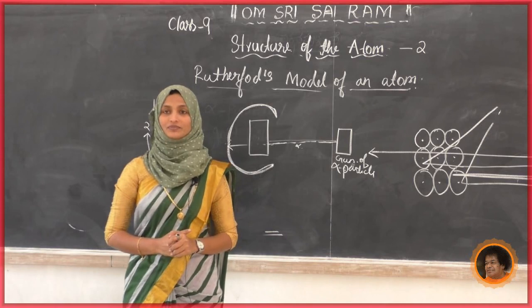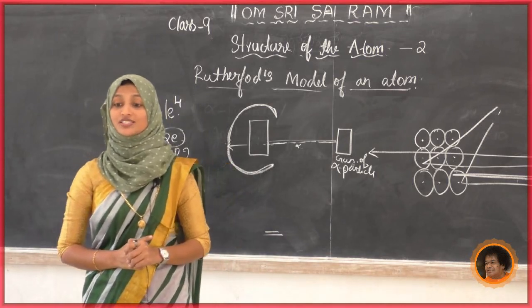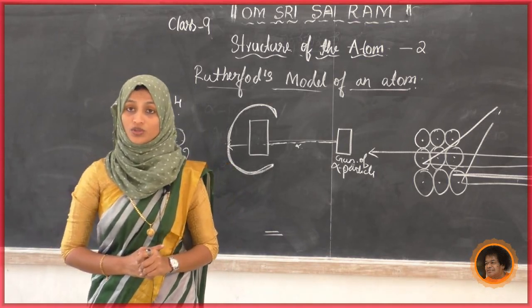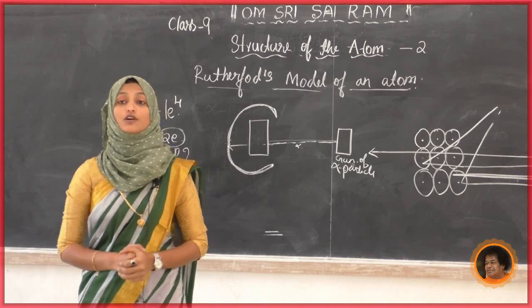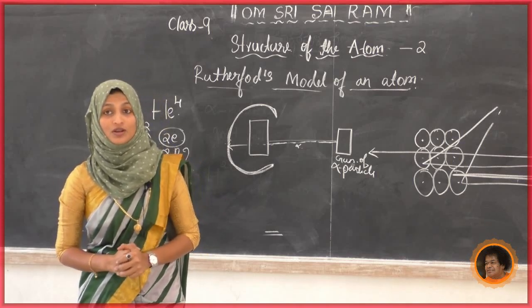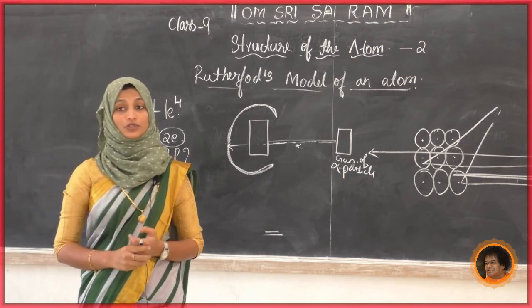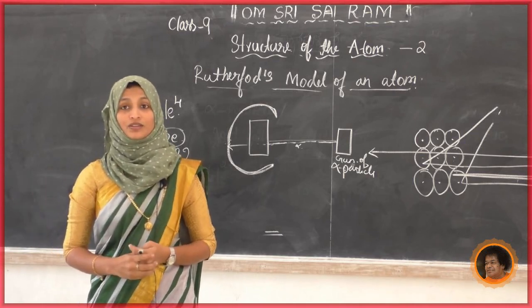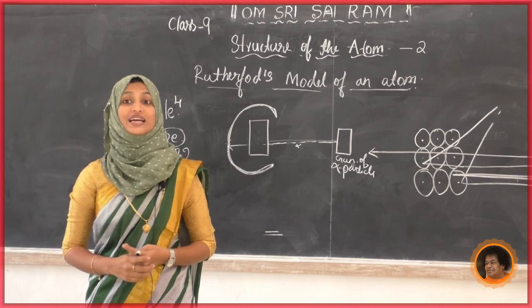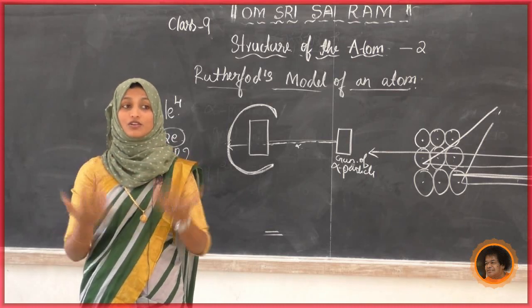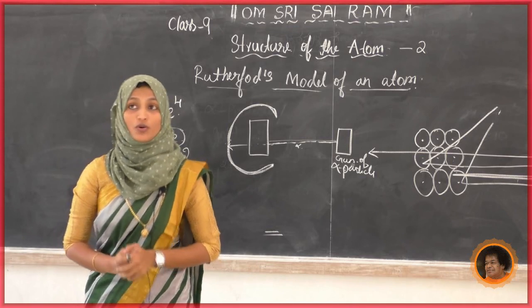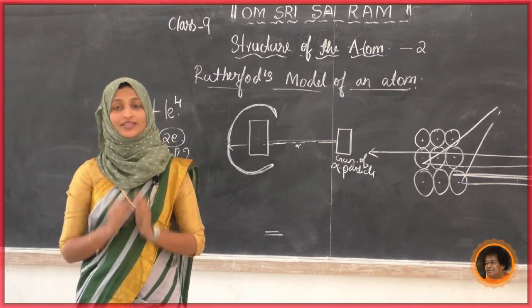Write down the features or the conclusion; both they will ask in the exam. Write down the features of Rutherford's model of an atom and the conclusion of Rutherford's model of an atom. Finally, write down the merits, demerits or drawbacks of Rutherford's model of an atom. Okay, thank you students.